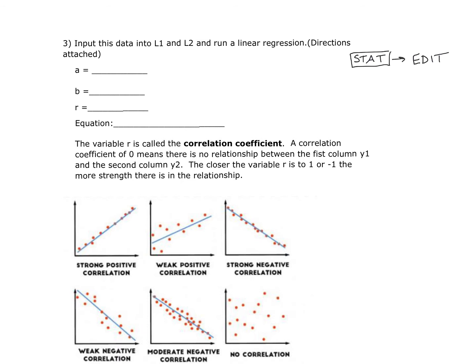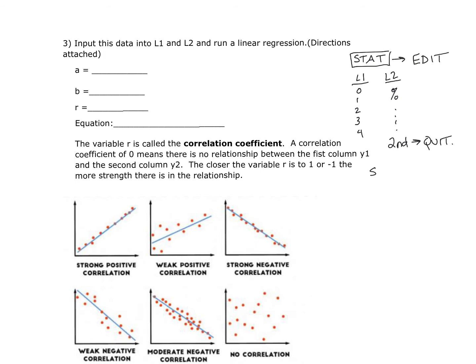Once you do that, into list 1, you can put your X values, 0, 1, 2, 3, 4, and into list 2, you can put your percentages so they line up. Then you're going to hit second quit to get out of that menu.